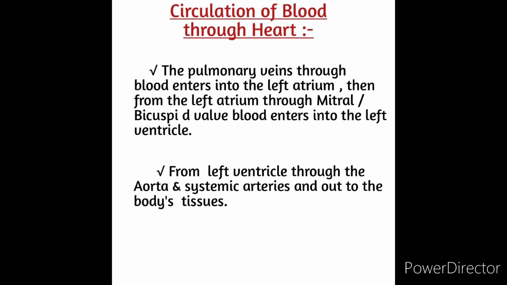After purification, oxygenated blood passes from the left atrium through the mitral valve into the left ventricle. From the left ventricle, through the aorta and systemic arteries, blood goes out to our body tissues. That means oxygenated blood is supplied all over our body.